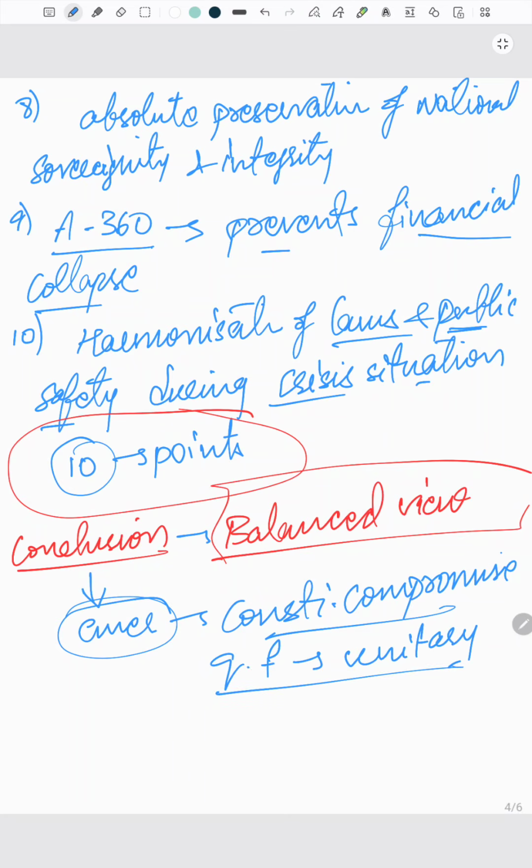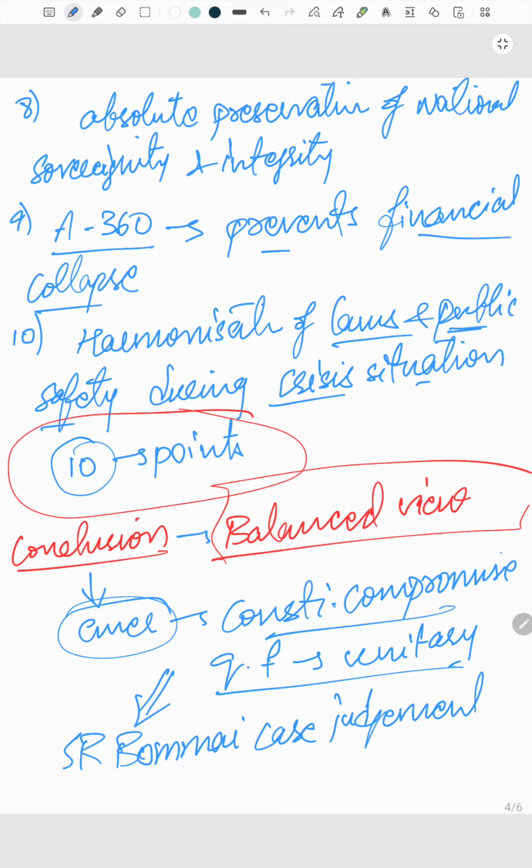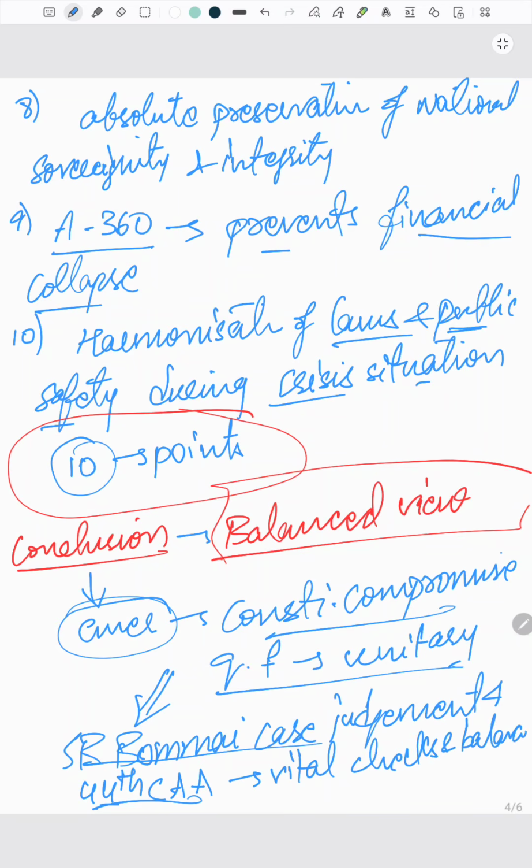Though they are making that compromise, through the SR Bommai case judgment and the 44th Constitutional Amendment Act, they have created vital checks and balances in order to use these emergency powers fairly.